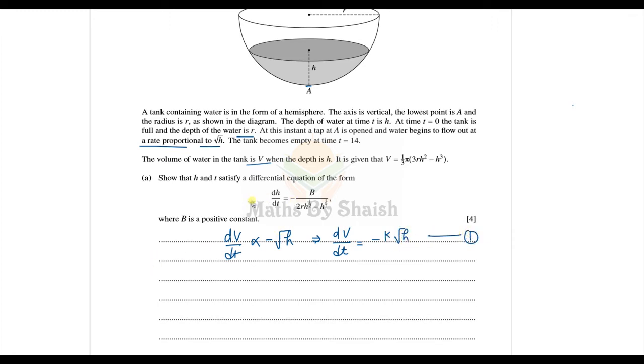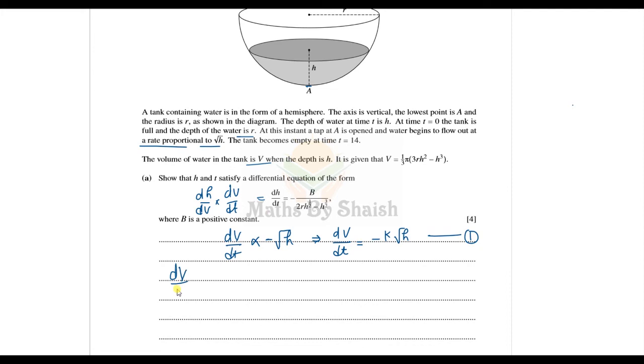Next, if you want to find dh over dt, we can write it as dh over dV into dV over dt. That is the chain rule. So we require dh over dV, and for that we need to find dV over dh, and here r is a constant because it's a radius, fixed radius, so we'll differentiate this V with respect to h.